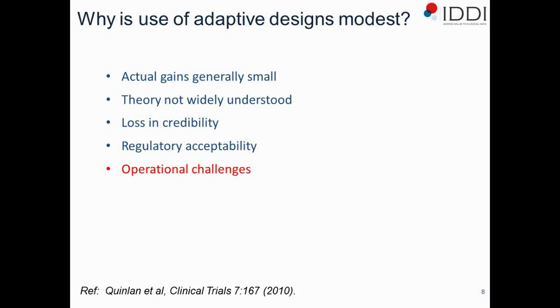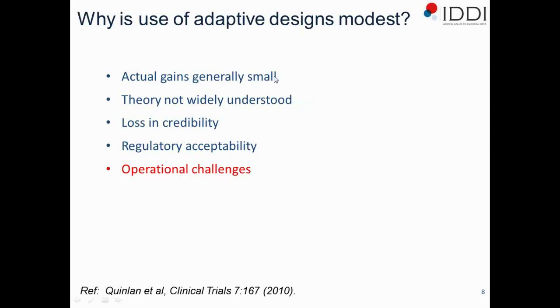And in spite of all these interests, the use of adaptive designs is actually quite modest. And why is that? We will get back to this actually towards the end of the presentation, but for now, I think the main reasons why adaptive designs haven't been used as much as they could have, and the reasons for that lack of interest, in a sense, are listed here.